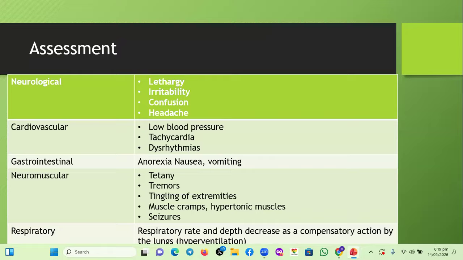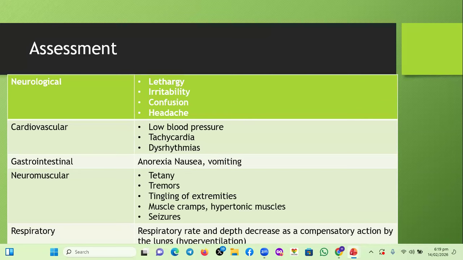The respiratory system, client is going to have rapid respiratory rate, and depth will decrease as a compensatory action to retain carbon dioxide, because the system is now alkalotic. You need acid. And so the lungs try to compensate by retaining carbon dioxide.